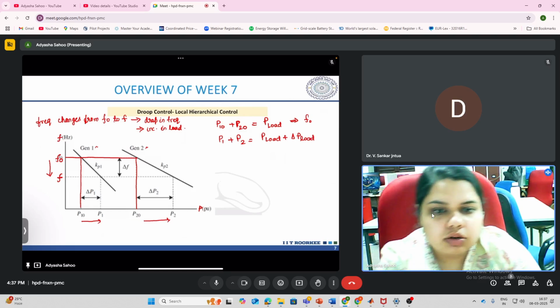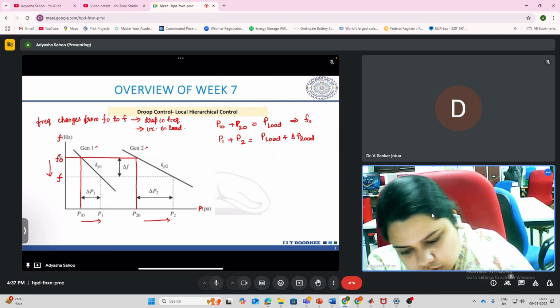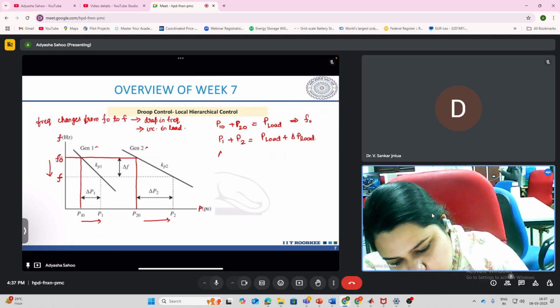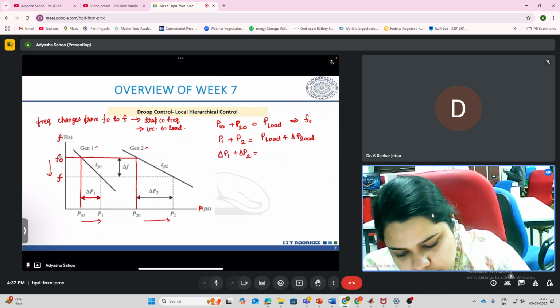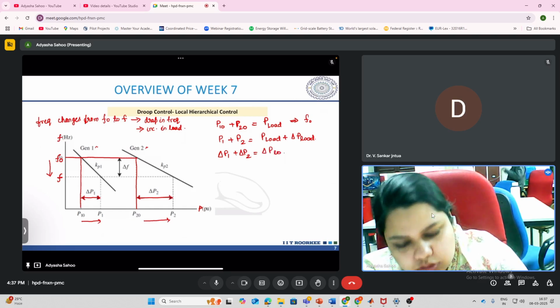So delta P load is the disturbance basically. So what we need is basically this delta P1, that is the increase in output of the first generator, plus delta P2, that is the increase in output of the second generator, should be matched with the change in the load.